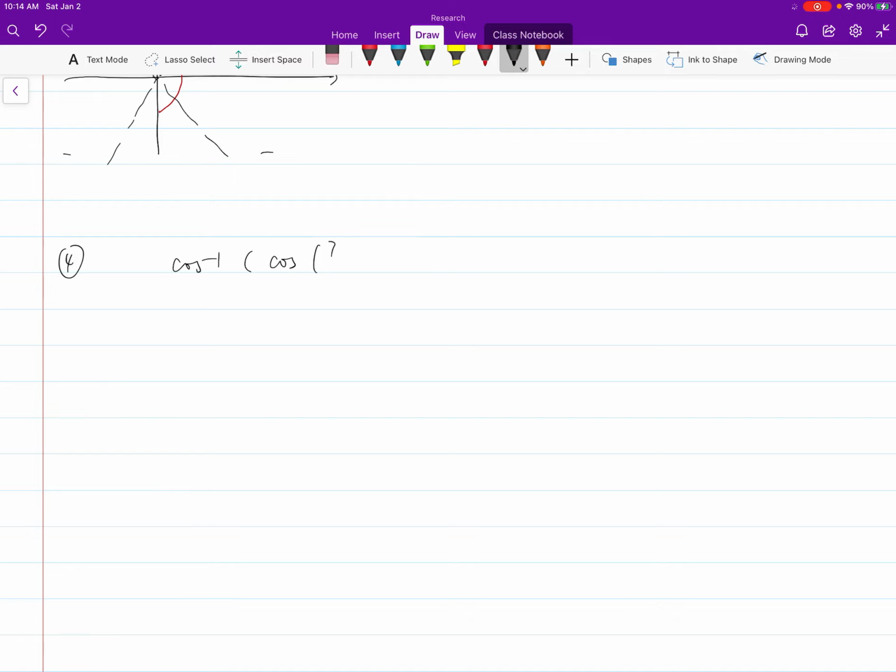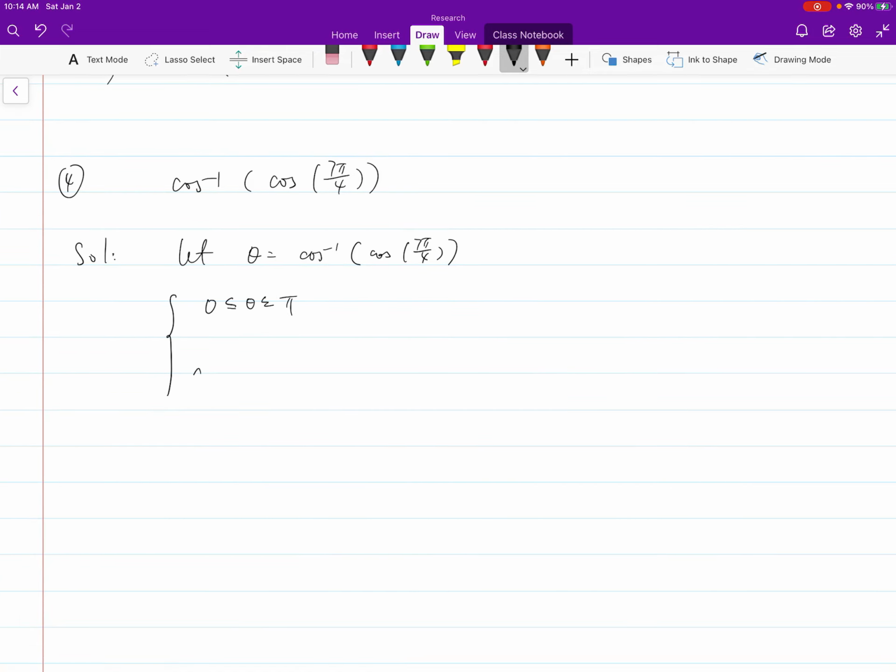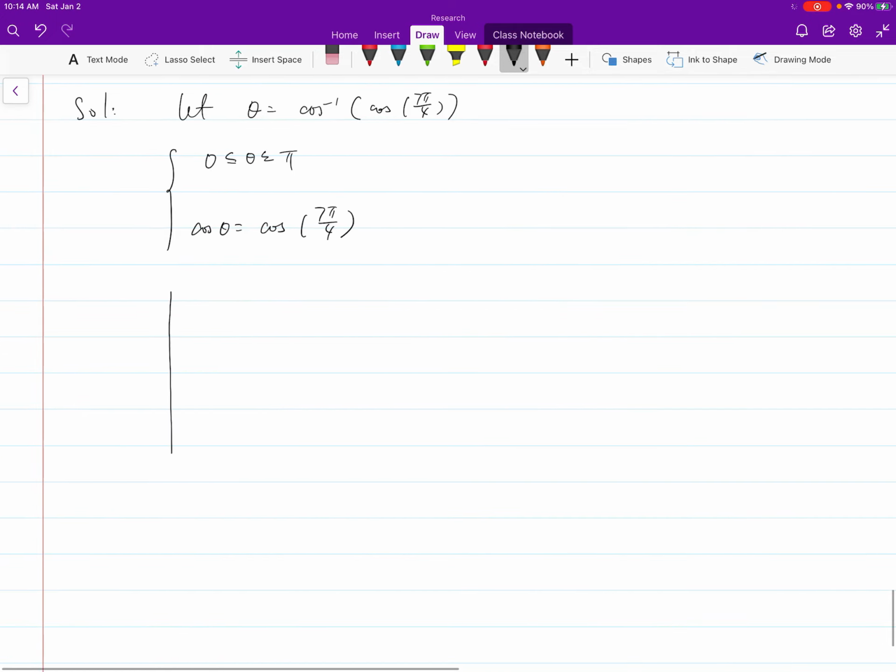One more example to let you get a feeling about this. Okay, if it's hard to think about, write this down. If you're quick on that, you can skip all this. But for now, I will just do it. Then what you know is, number 1, theta belongs to here because it's cosine inverse. Second, cosine theta is the same as cosine 7 pi over 4.